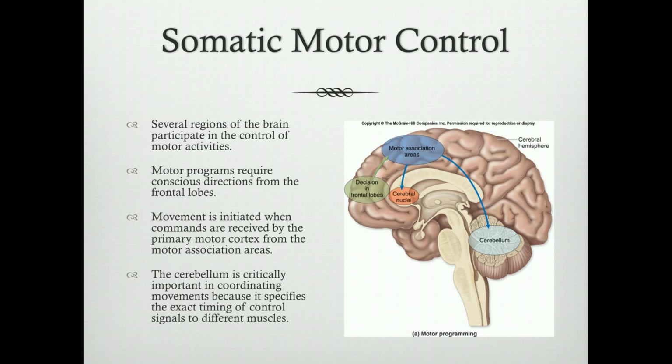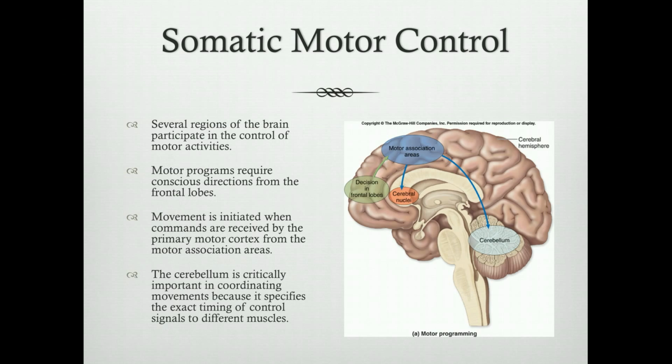And then we're going to take the cerebellum into account as well, because the cerebellum is going to be incredibly important in coordinating movements, because a lot of the responses that we are going to do are going to require some very specific and exact timing for these different muscles. When do I contract?